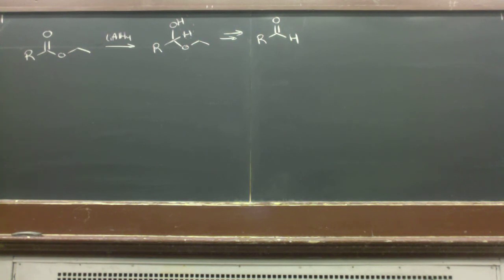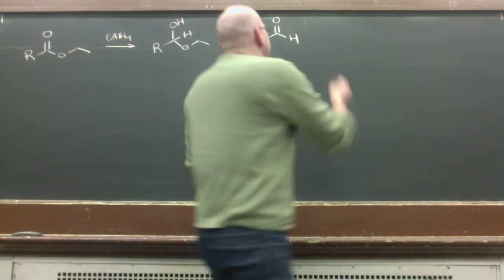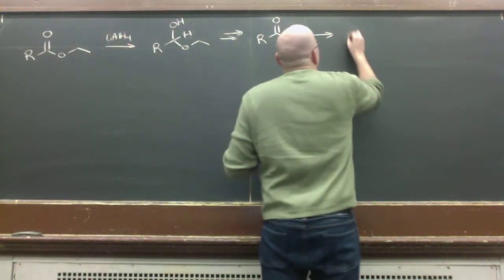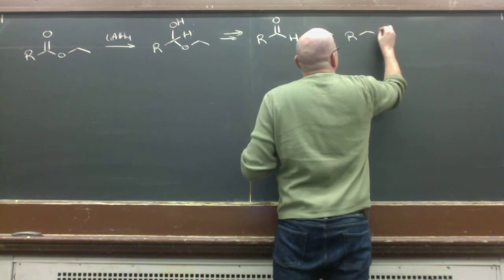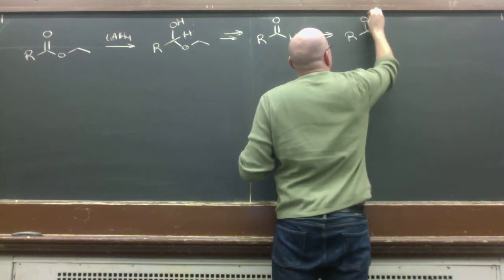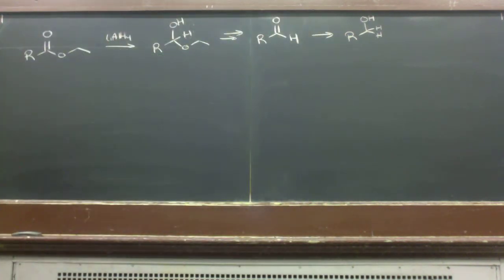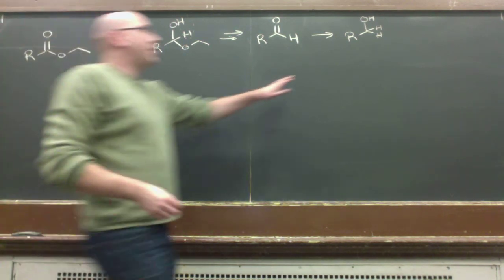They're very, very highly reactive, so as you can imagine, in the presence of LAH you're going to reduce all the way down. Effectively, we're going to add another equivalent of hydrogen, followed by a quench across there, and you'll get to this primary alcohol. We call this the primary alcohol.